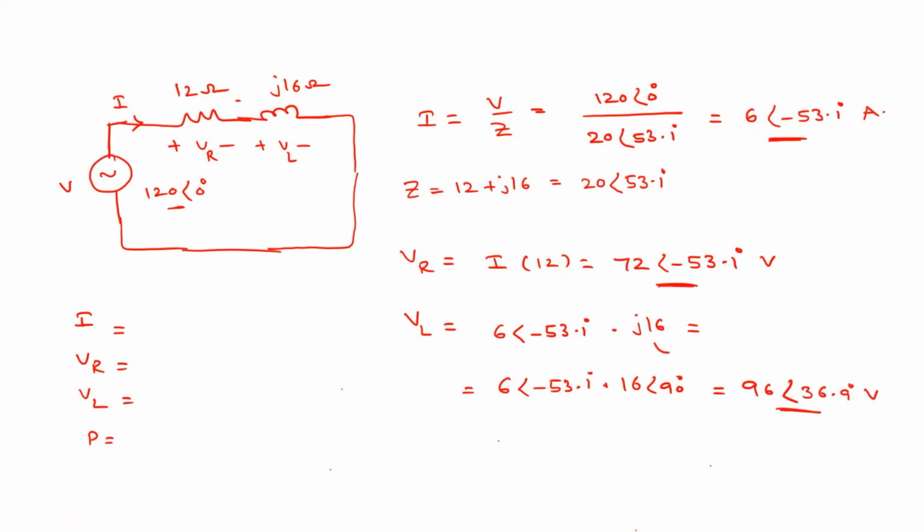Sir, in the second step, Z equals 12 plus j16. In this, the 53.1 here, which one? This one. That is the current, right? And the 36.9 degrees, that is the voltage, we are multiplying these two.